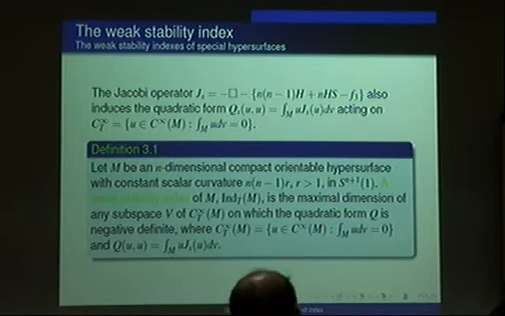So here we give the definition. The weak stability index means the maximum dimension of any subspace V of this space, C_T infinity, on which the quadratic form is negative definite. Here this is the space C and the quadratic form Q.